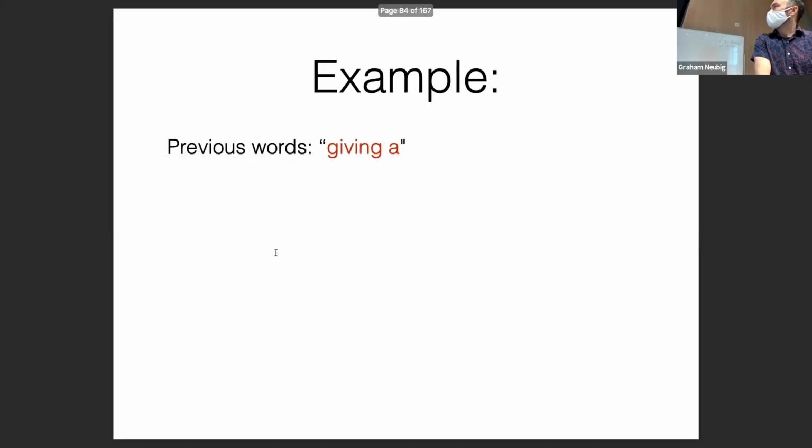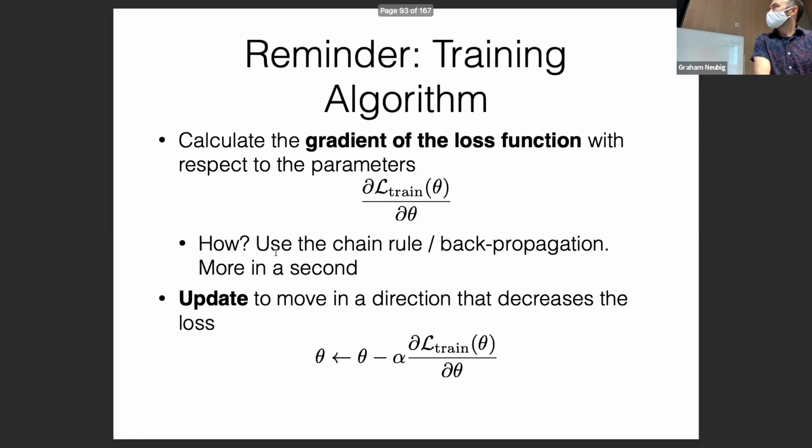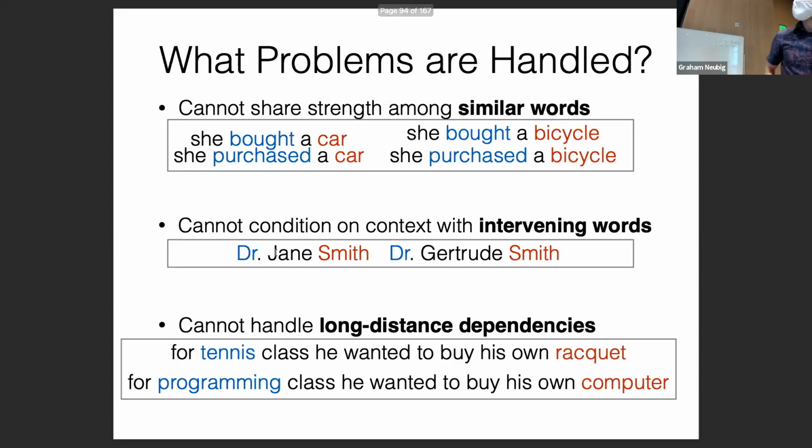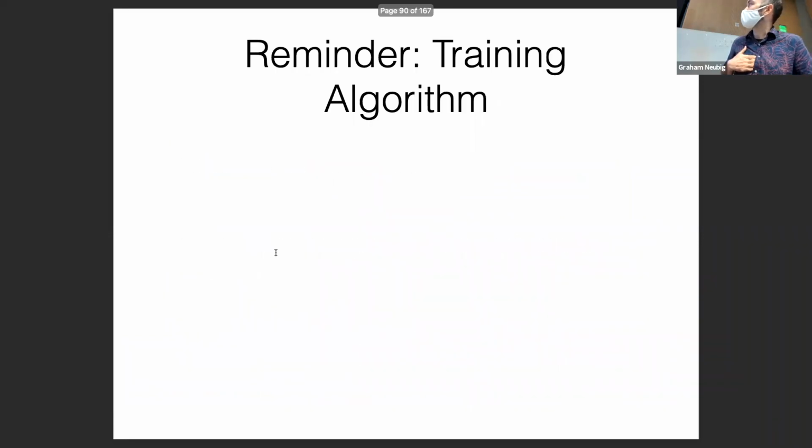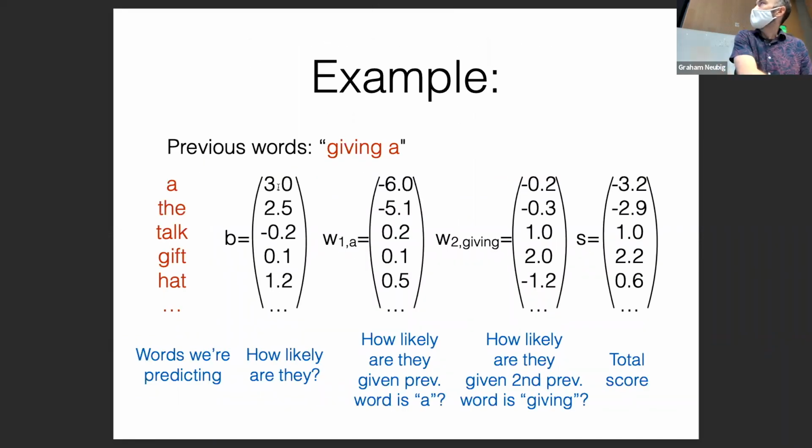Okay, cool. So that's a basic idea. Now, if we look at this model, what problems are handled by this? Essentially, this model still doesn't have the ability to share strength between similar words. The reason is that we're still learning an individual feature for each combination of words we've seen in the context and words that we're predicting.